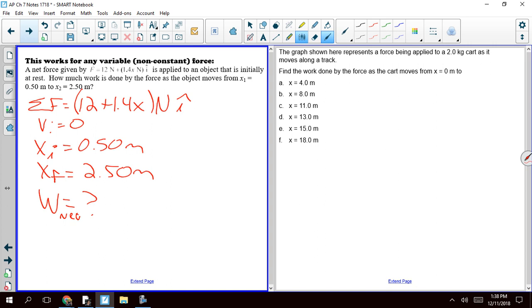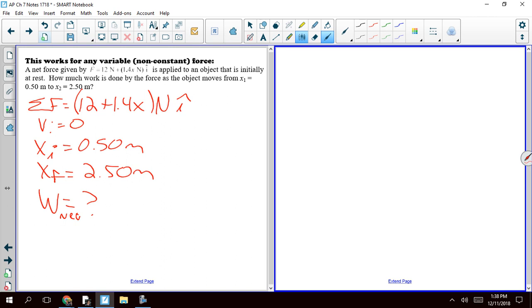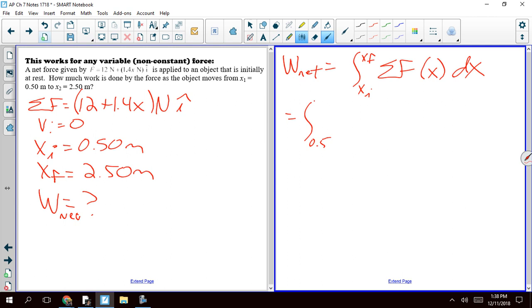So the work done by the net force should be equal to the integral from our initial position to our final position of our net force with respect to x, dx. So that's the integral from 0.5 to 2.5 of 12 plus 1.4x dx.